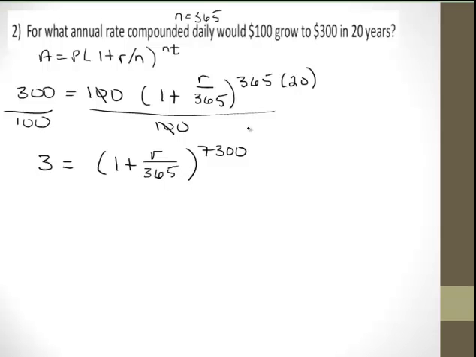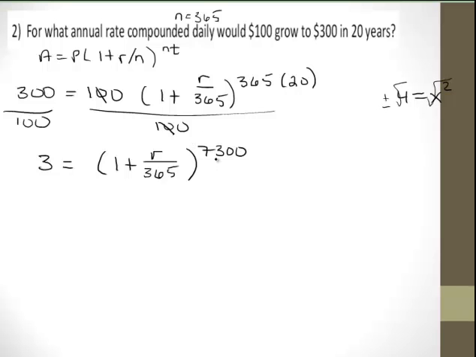Okay, so now we have to stop and think for a minute. How do we get this r out of here when the whole thing is raised to this power? How would you solve this? 4 equals x squared. To get rid of this power, you would take the square root, right? Aha!